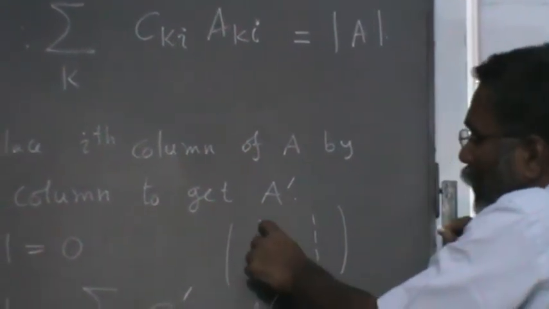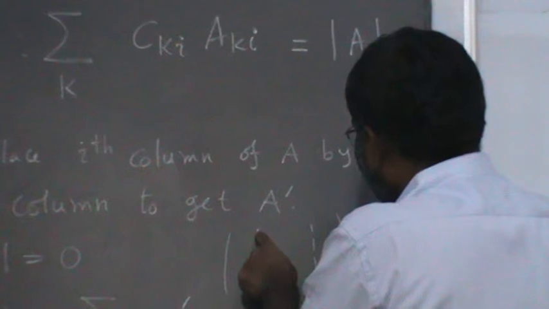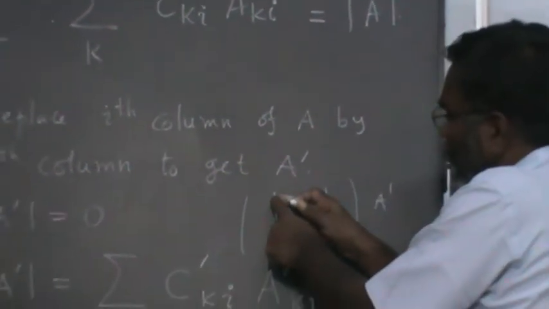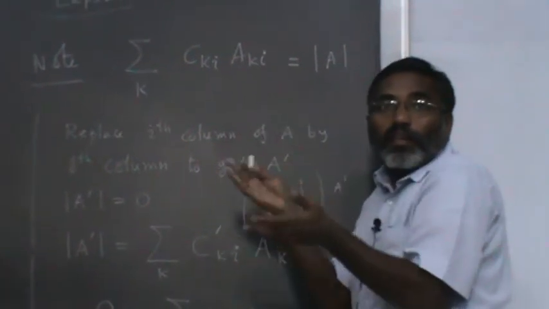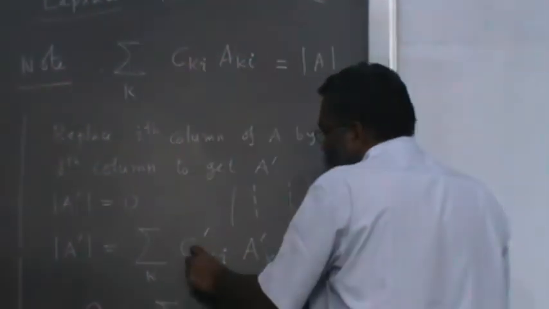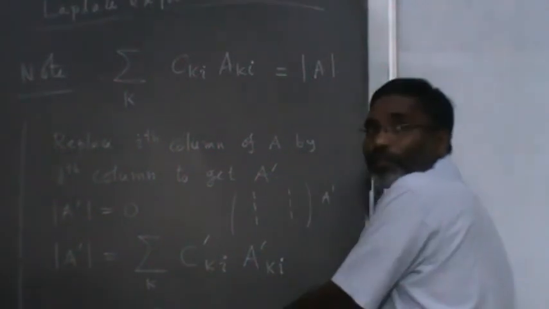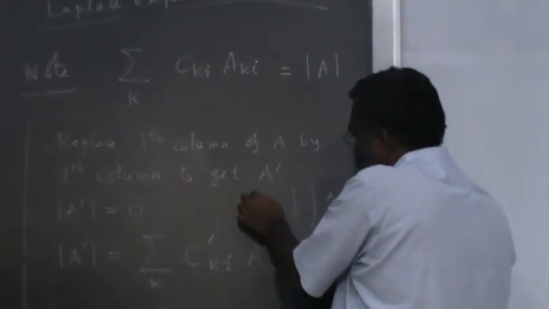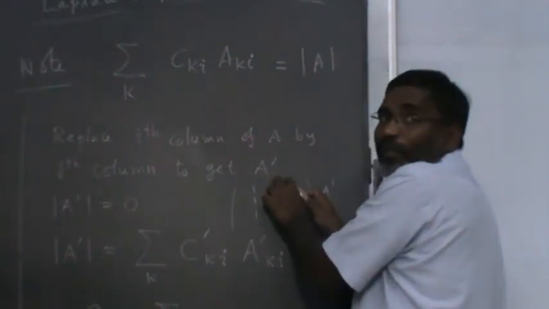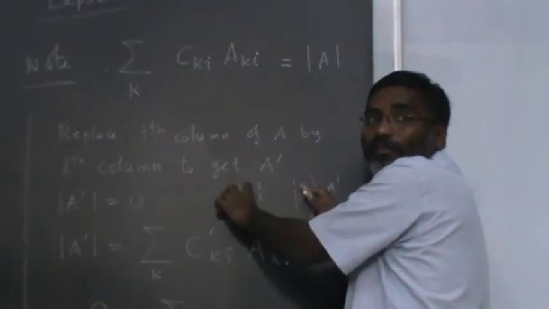Now, this is my A prime. This element's cofactor is the same as the cofactor of the original, the cofactor will not change. So I am going to have C prime ki the same as C_ki, whereas A prime ki is the same as A_kj, because I have replaced this column here.